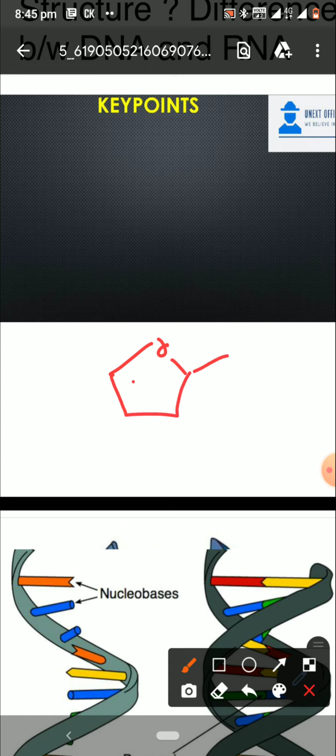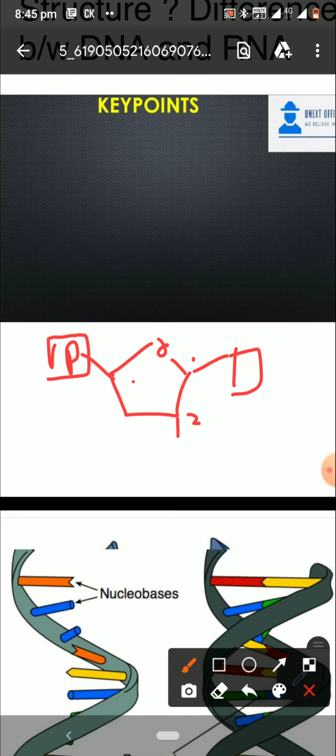So this is the structure of DNA and it has phosphate group. So it has a sugar, it has a phosphate group and a nitrogenous base, and in the second carbon atom, this is the second carbon atom.